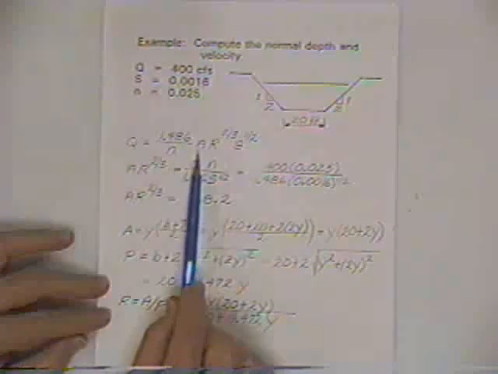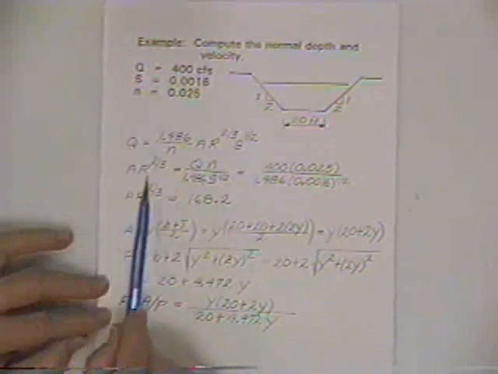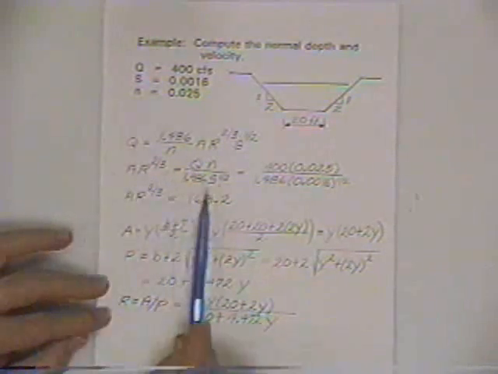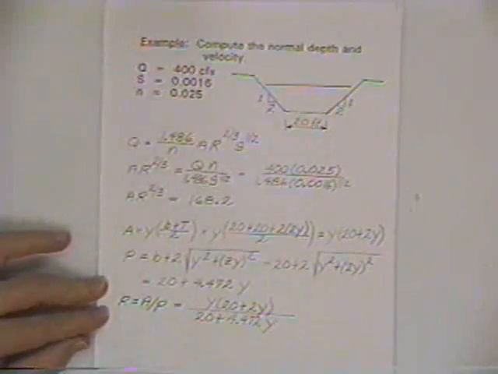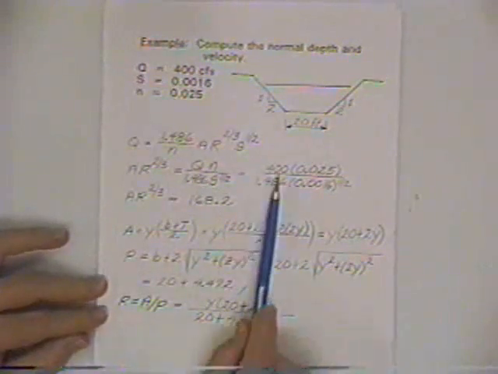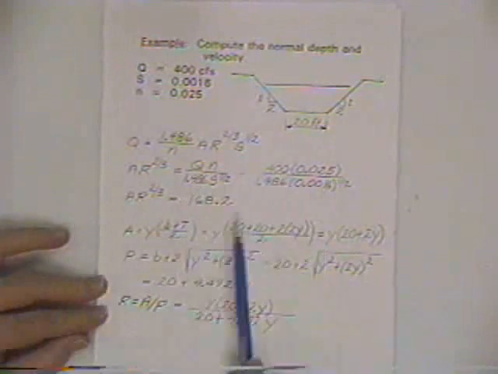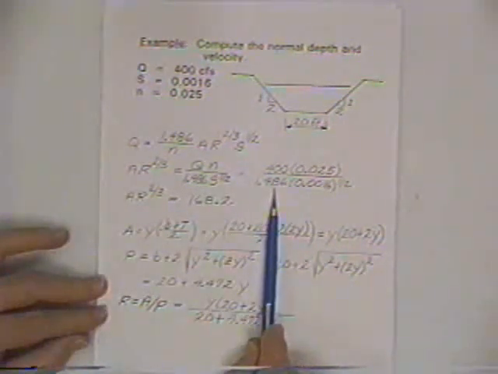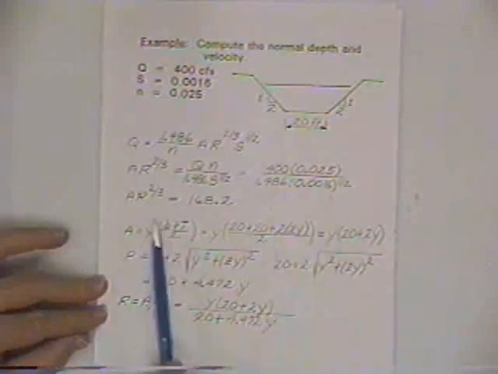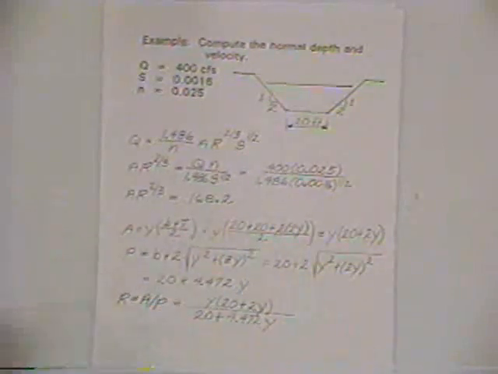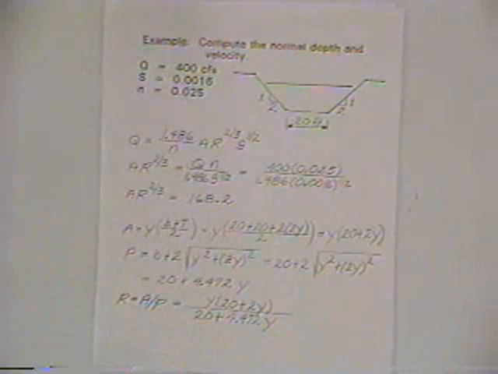You don't see depth, but you recognize that the area and the hydraulic radius are both a function of depth. And so we put the unknowns on the left of the equal sign, the knowns on the right, to go through the arithmetic manipulations, the algebra. Plug in the flow rate, plug in the roughness coefficient N, plug in the constant 1.486, the slope, and we get AR to the 2/3 is 168.2.